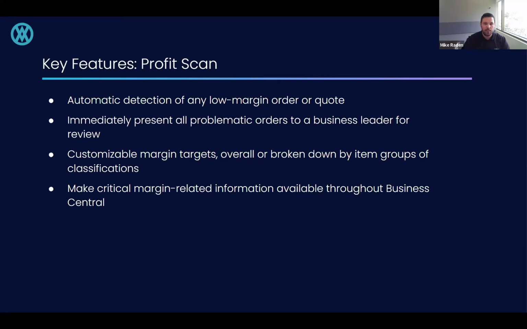And having the ability to set those customizable margin targets at a holistic document level or by item groups and classifications gives a lot of control to you as a user to make sure you're maximizing your profitability. And having the ability to understand that impact by making critical margin related data information available throughout Business Central is the key value driver of Profit Scan.